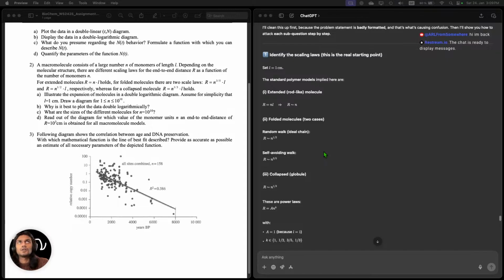Identify the scaling laws. This is the real starting point. Macromolecules with a large number N of monomers of length L. Depending on the molecular structure, there are different scaling laws for the end-to-end distance R as a function of the number of monomers, for extended molecules, folded molecules.